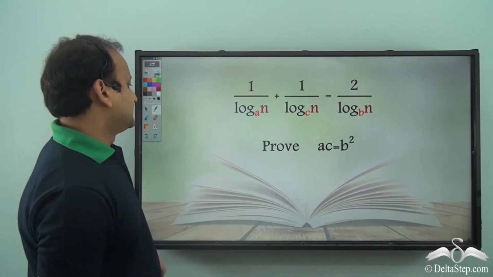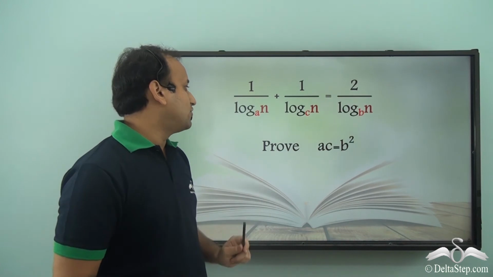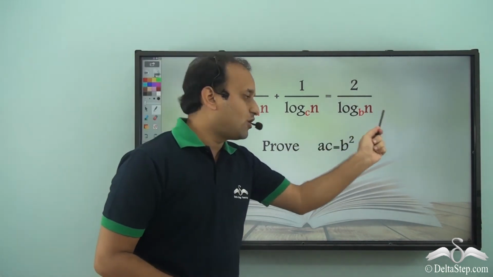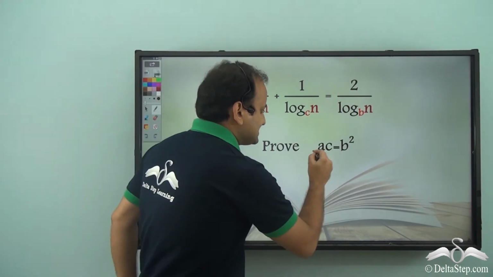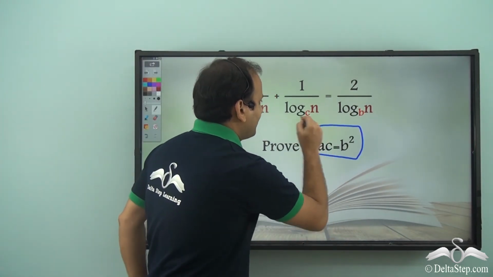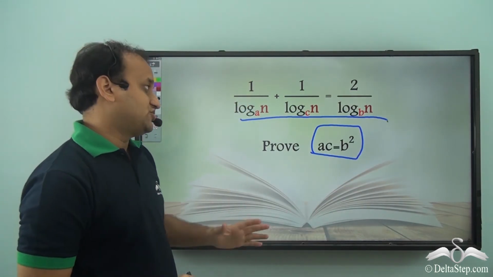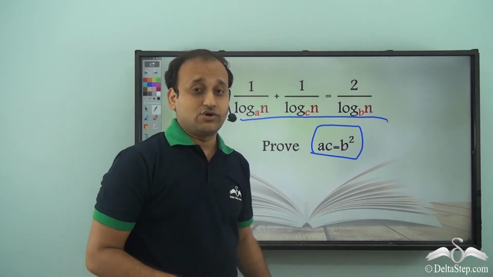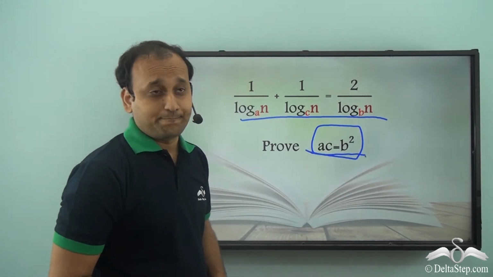What? Can you prove AC is equal to b square? Now that must be sounding confusing because everything is in log here, and now you need to solve something like this from this. Is that possible? Let's see. Let's first of all simplify it. Only then we'll be able to know how we can actually prove AC equal to b square.